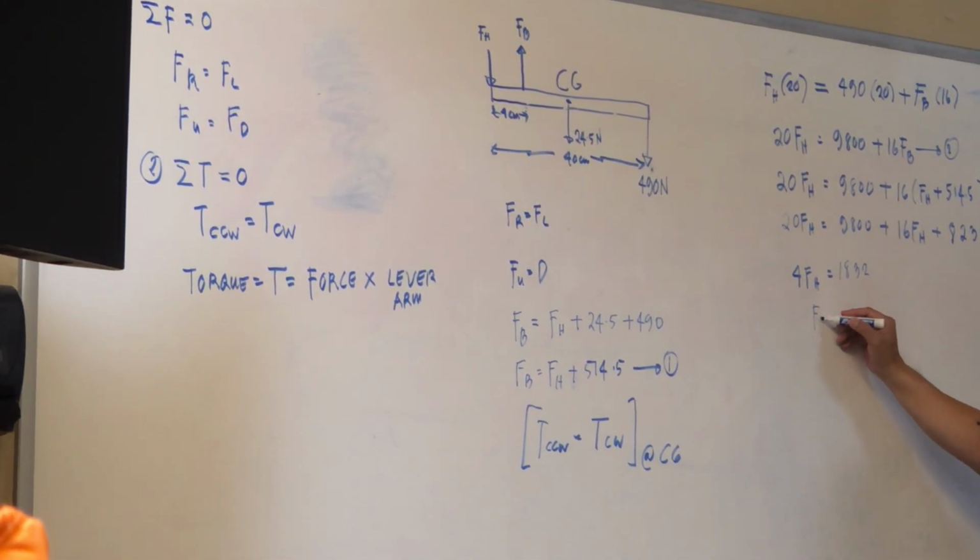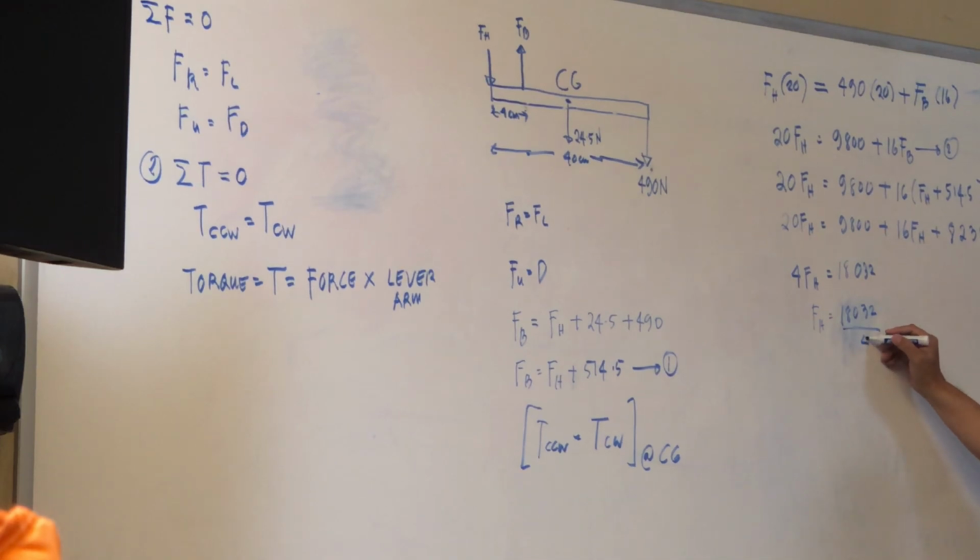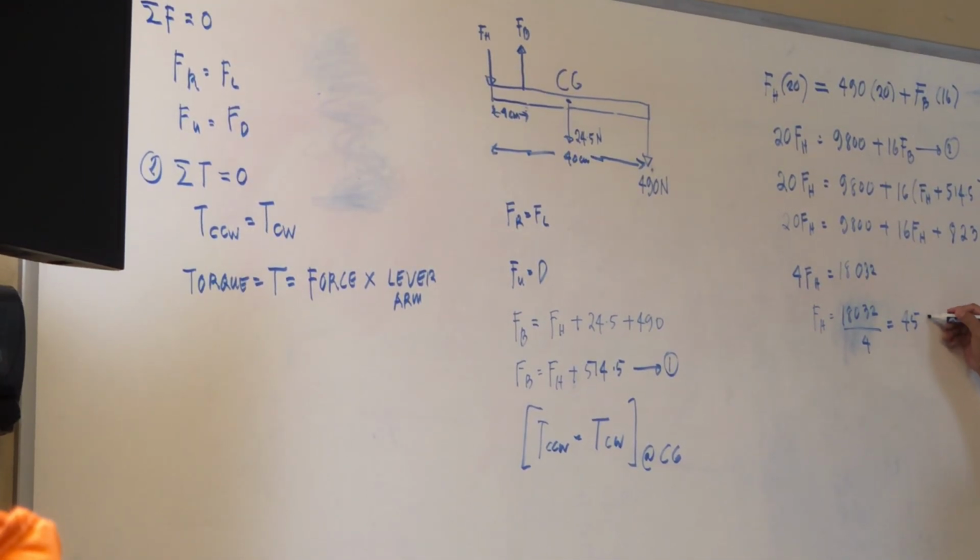So FH is equal to 18,032 divided by 4. How much is that? 4,508 newtons. So you have FH.